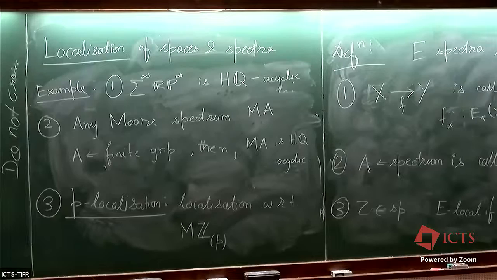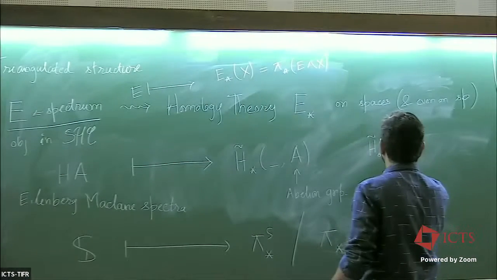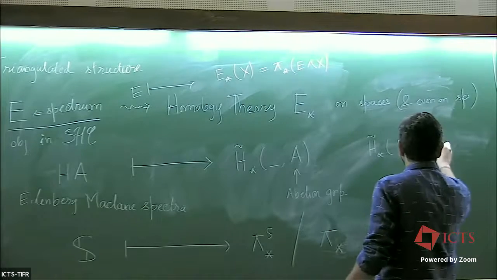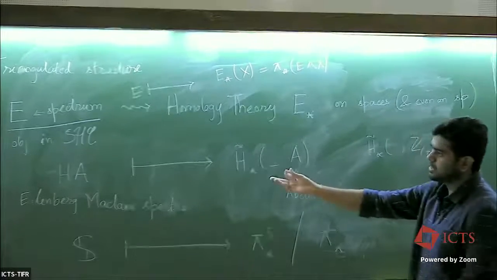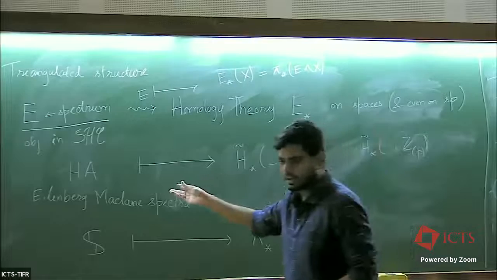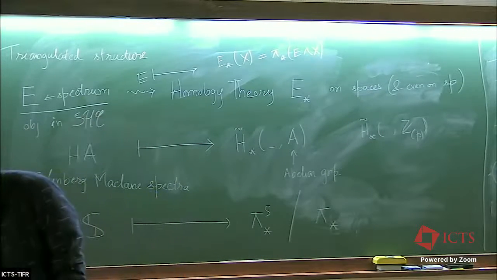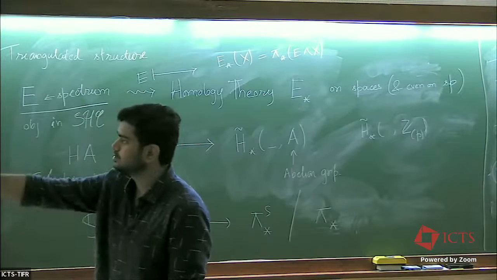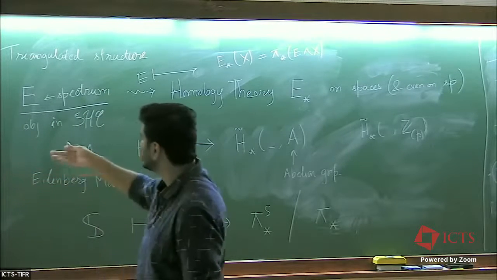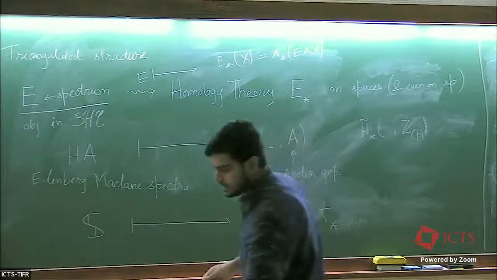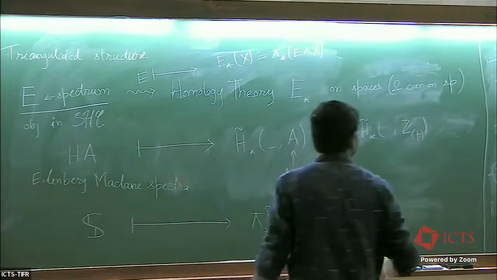In particular, the reduced homology with coefficients in Z localized at P corresponds to HZ localized at P. And Bousfield also proves that this P-localization agrees with what we started with earlier.